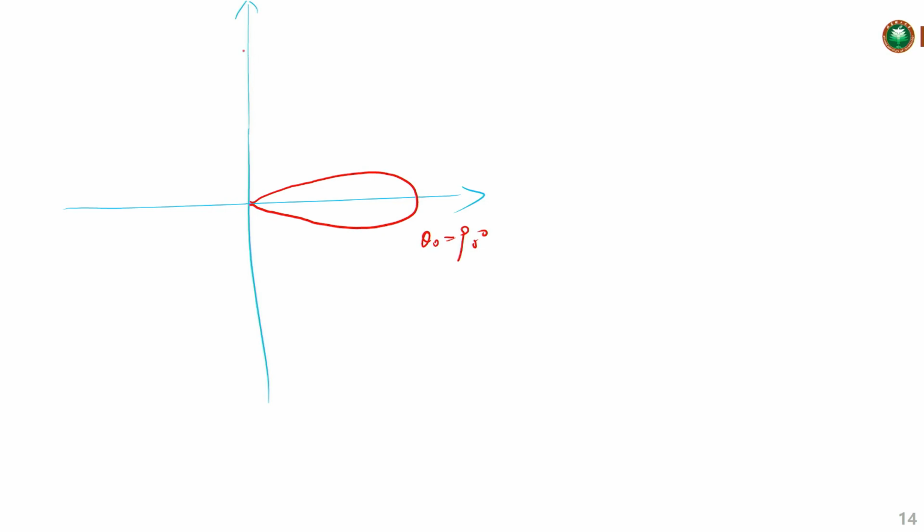And when it comes to theta node equals 0 degrees, let's simplify, it becomes much wider, like this one, much wider. So the beam width was changed due to the beam steering.